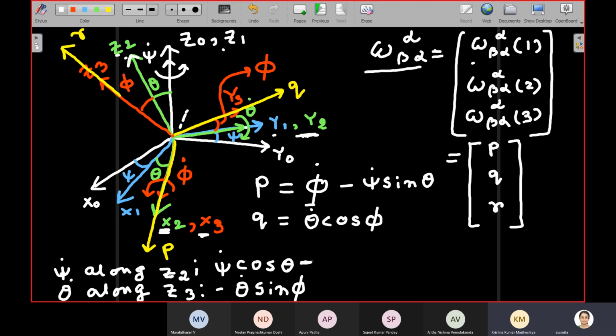So along which axis will it have two components?